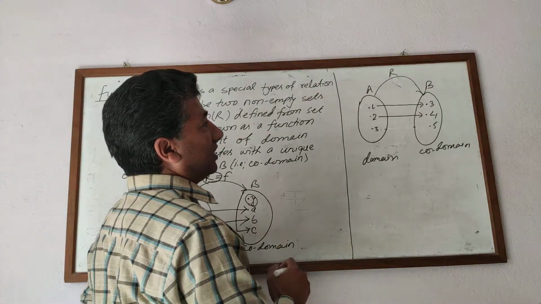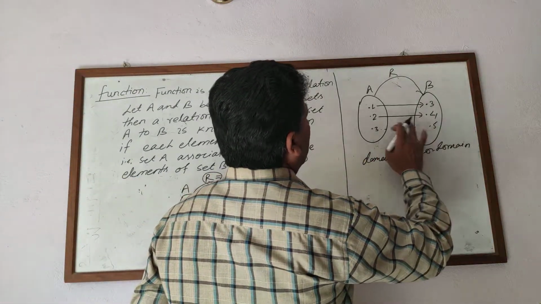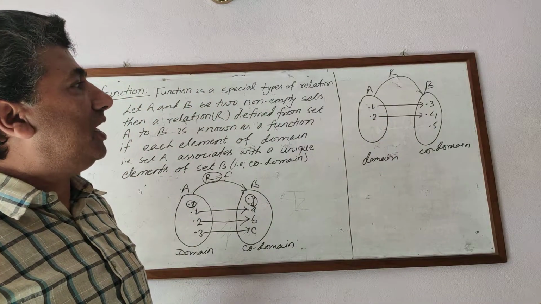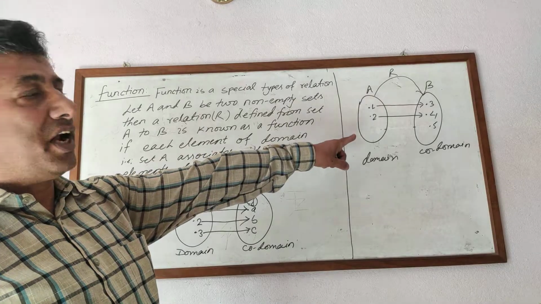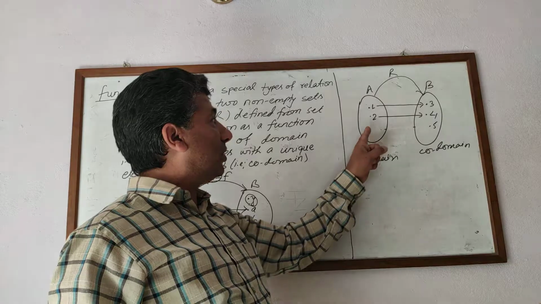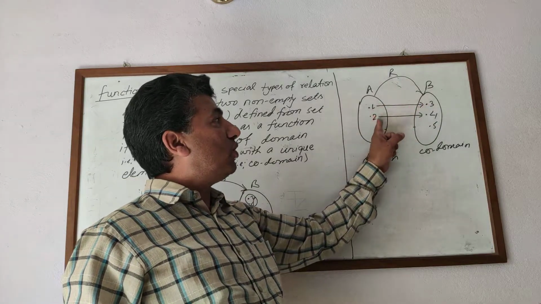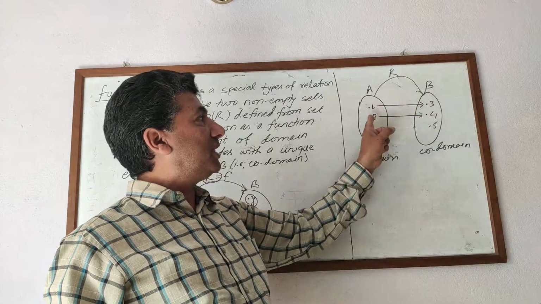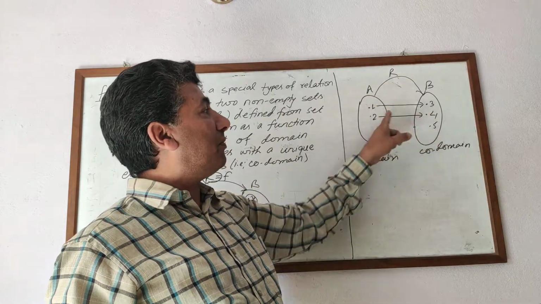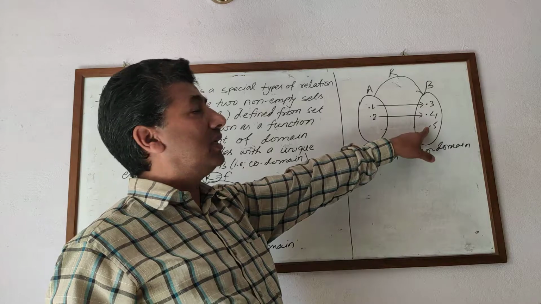Now another condition. If we remove this 3, now that relation will be a function, because 1 has an image, 2 has an image. Now this is a function. Remember that this 5 doesn't have a pre-image. No problem.